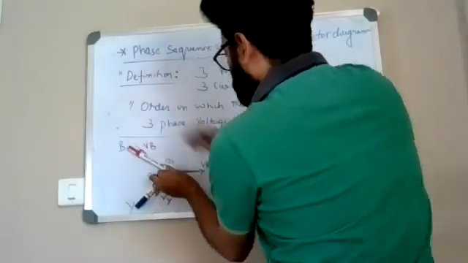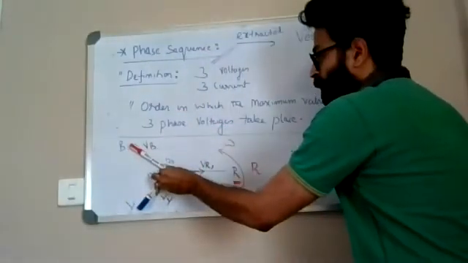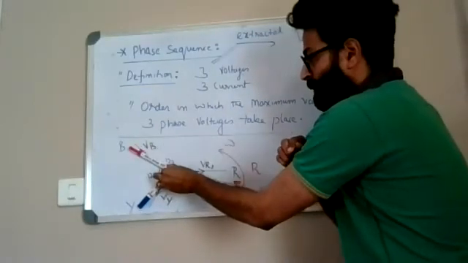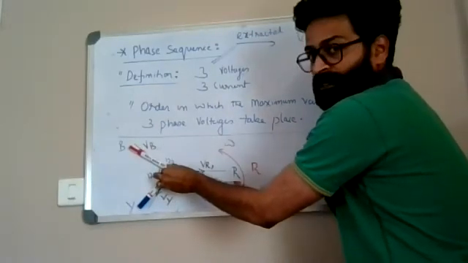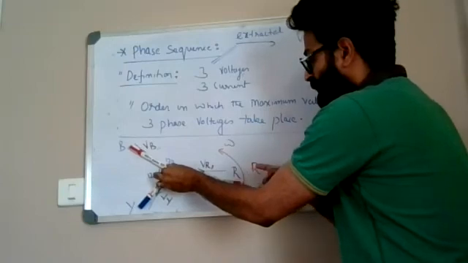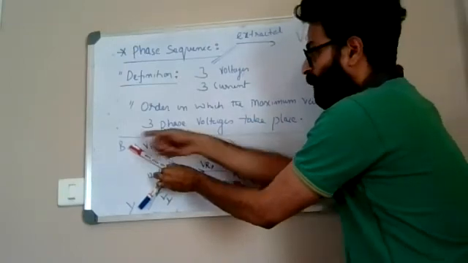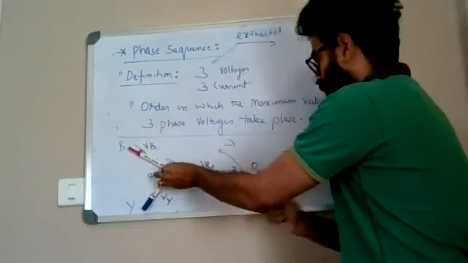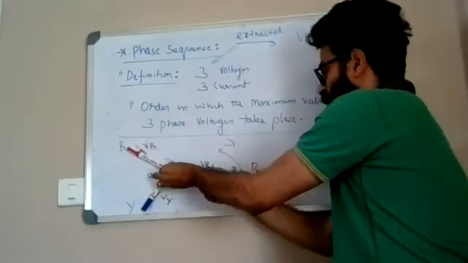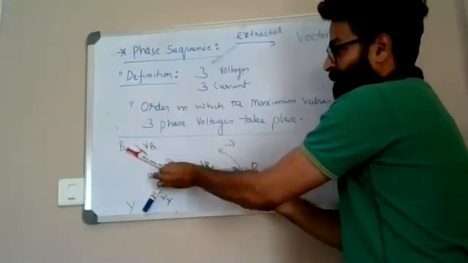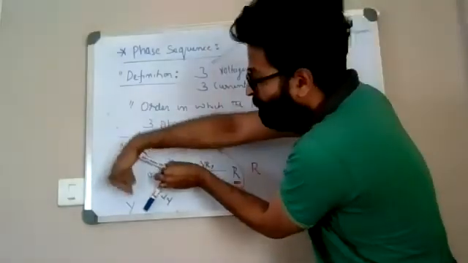Now, when you give 120-degree rotation in anti-clockwise direction, what happens is that the R phase has gone to B phase, and Y phase will come to the R phase, and B phase will come to Y phase.